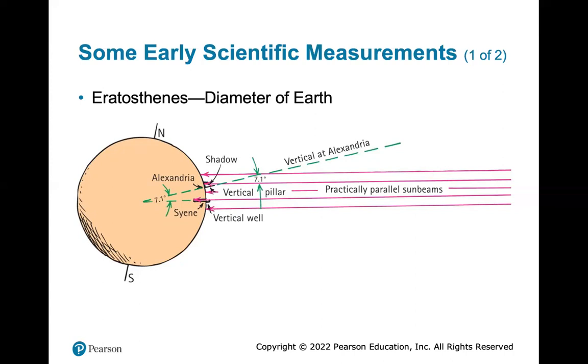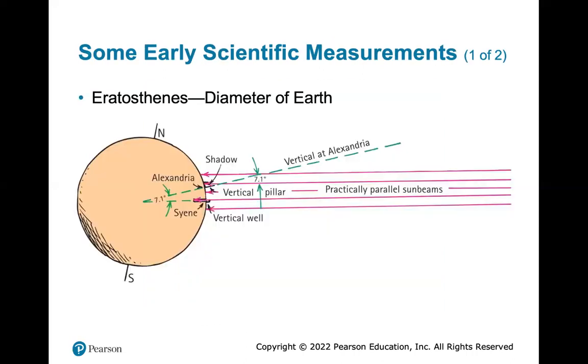At the same time, there was an obelisk that cast a shadow, and it formed an arc of 7.1 degrees, and from that he was able to measure the diameter of the Earth.